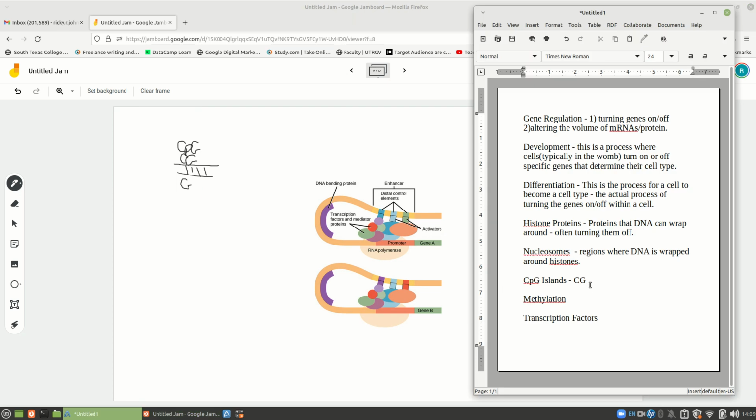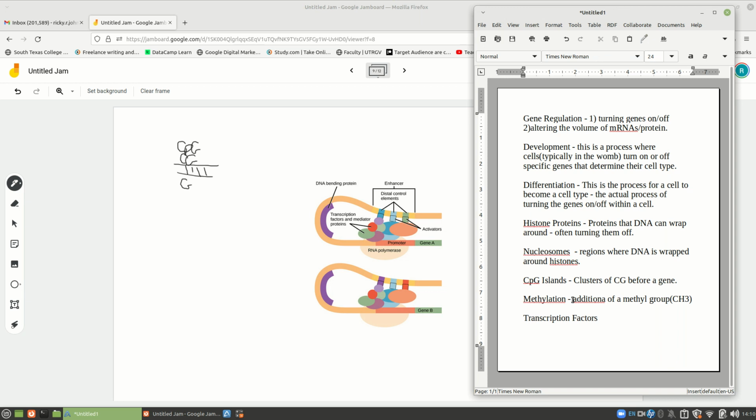So a CPG island is just a C followed by G, or I should say clusters of CG near a gene, or before a gene to be specific. And methylation, the addition of a methyl group, which is just chemical, is a CH3: carbon and 3 hydrogens.